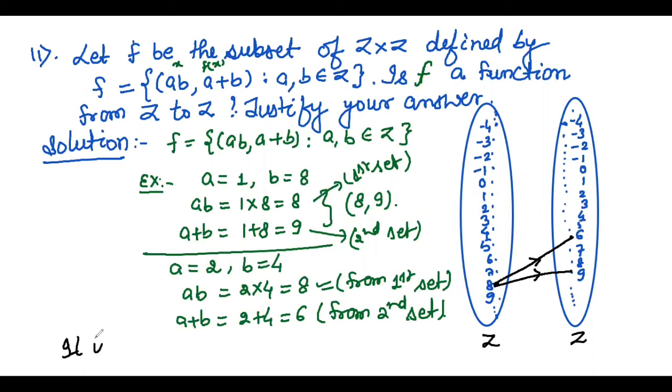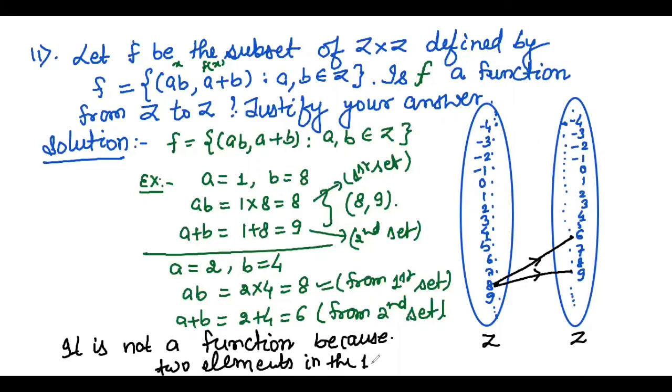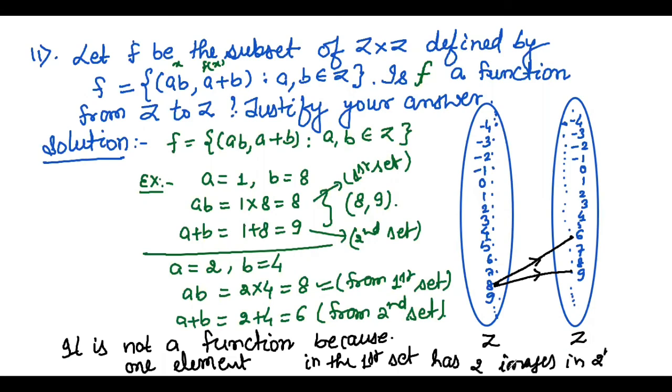So we'll write here, it is not a function, because one element in the first set has two images in the second set. So because of that, this is not a function.